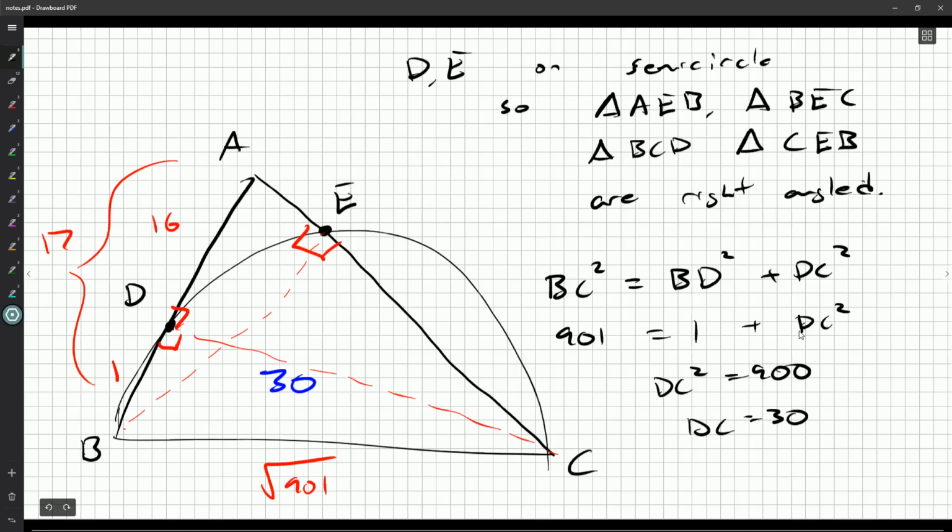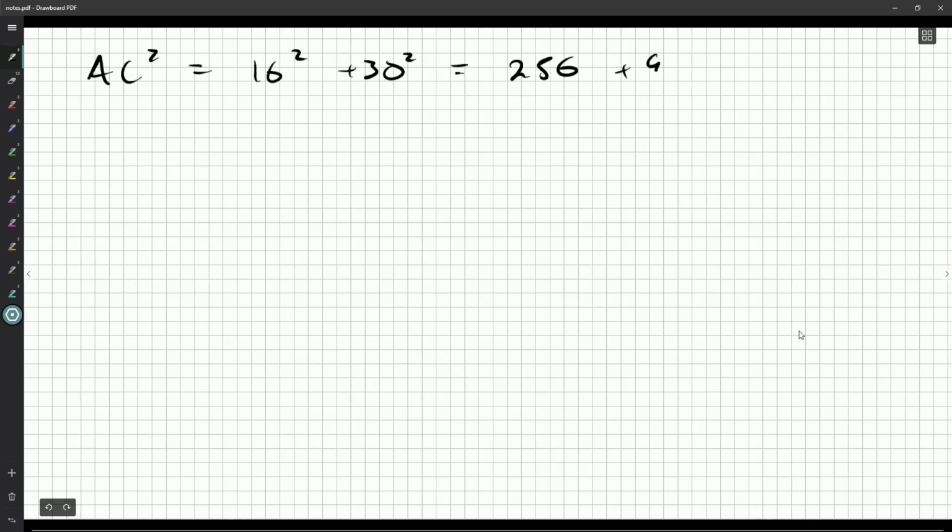With that 30 and this 16, I can figure out AC. So AC squared is 16 squared plus 30 squared. 256 plus 900. How am I doing this without a calculator? I have a whole bunch of my squares memorized because I do a lot of math contests. 1156, and that's 34 squared. So AC is 34.